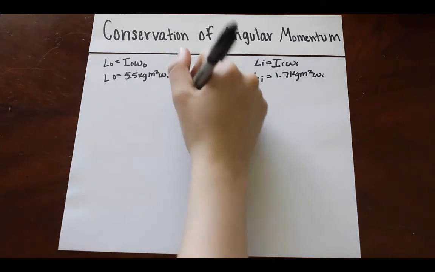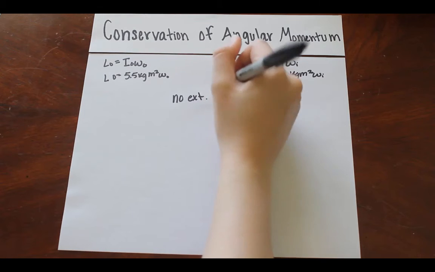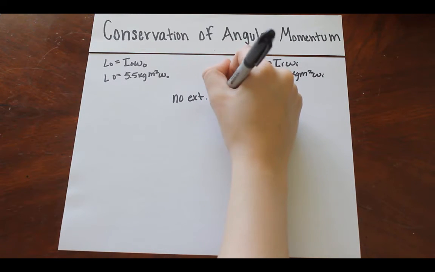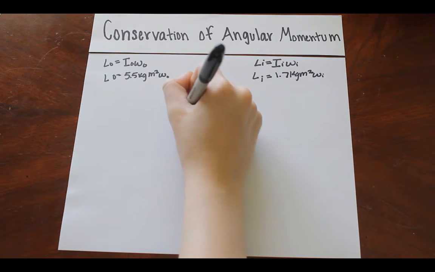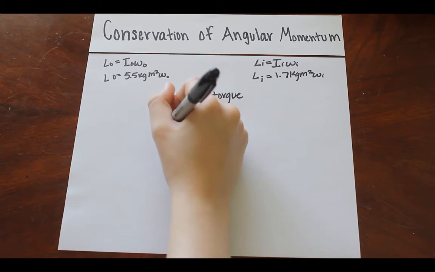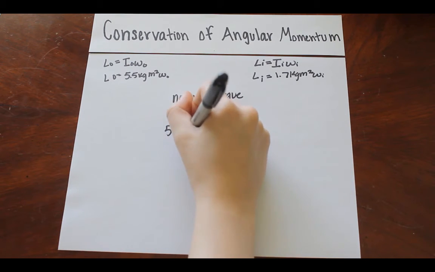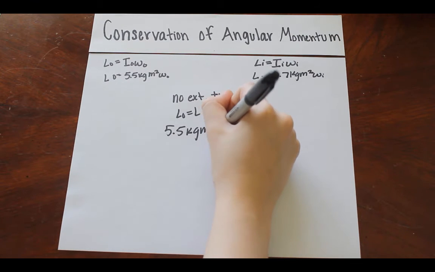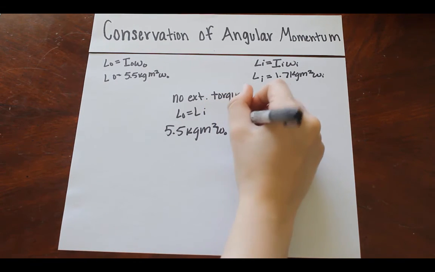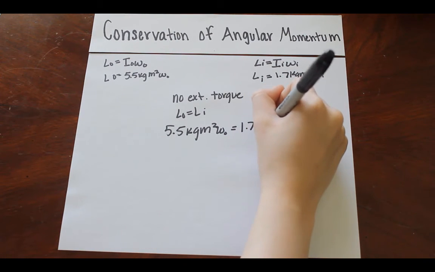And so because there's no external torque acting on our people, we're going to say that momentum is conserved. So L out is going to equal L in. So then we can set our two equations equal to one another. So 5.5 kilogram meters squared times omega out equals 1.7 kilogram meters squared times omega in.